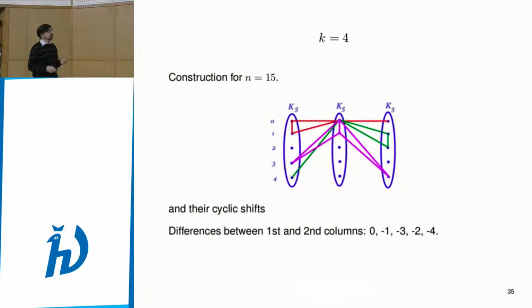And so if you check, differences between these two columns are 0. So this is 0, and this minus this is -1. Oh, sorry, this is -1, and this is -2.